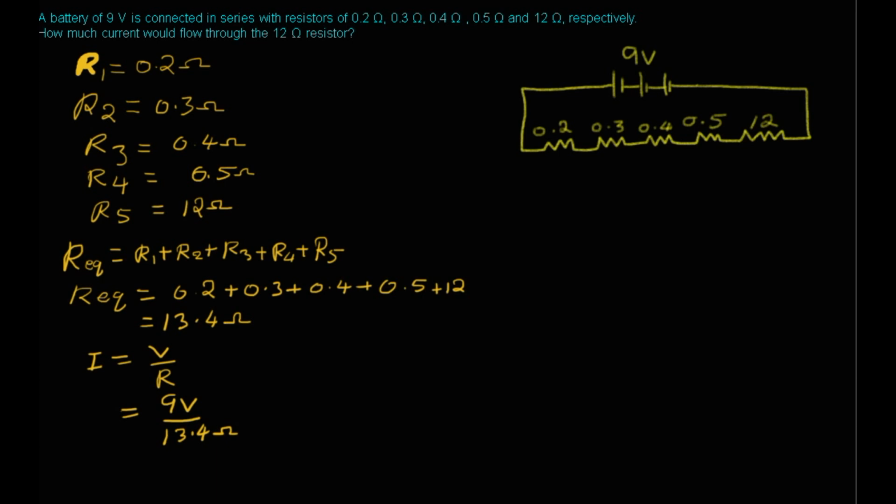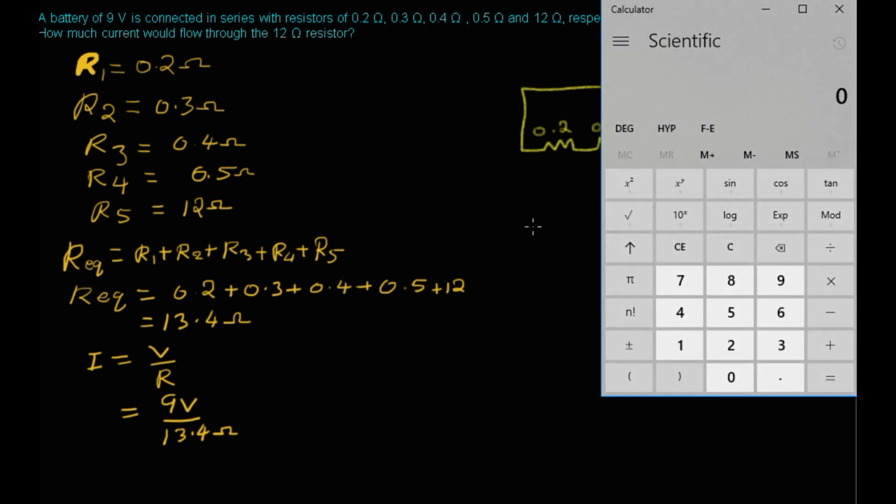So we have 9 volt divided by 13.4, which is equal to 0.67164.